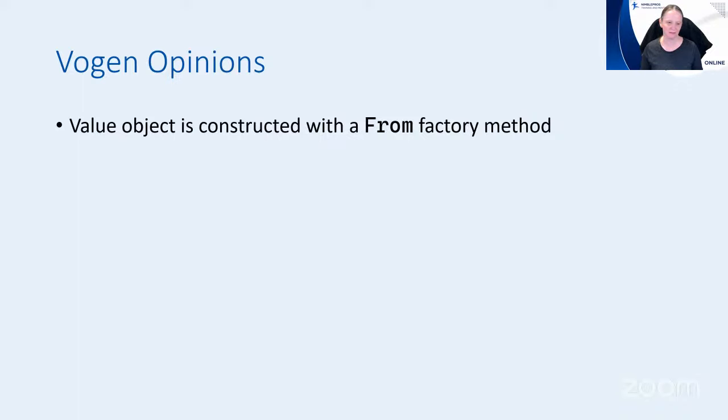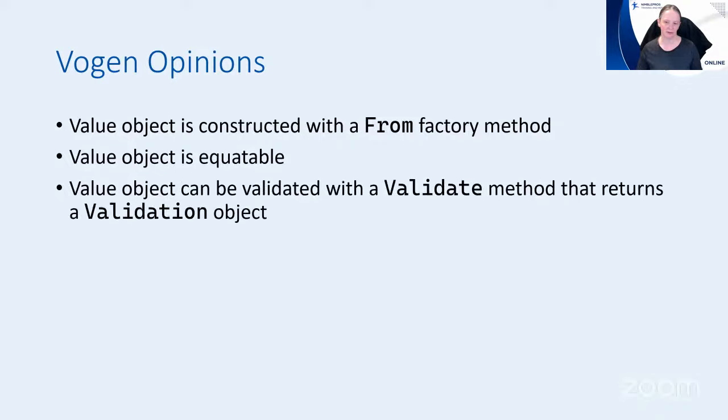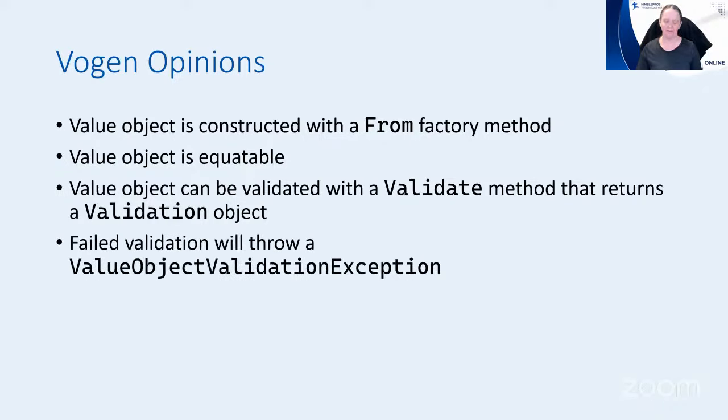I just looked into it fairly recently, so I'm not as well versed, but they have a From method. It's a factory method, and that's what they use to create the value objects. Those value objects must be equatable. You have validation, and you get that validation through a Validate method with a validation object coming back. But if that validation is invalid, it'll get that value object validation exception.